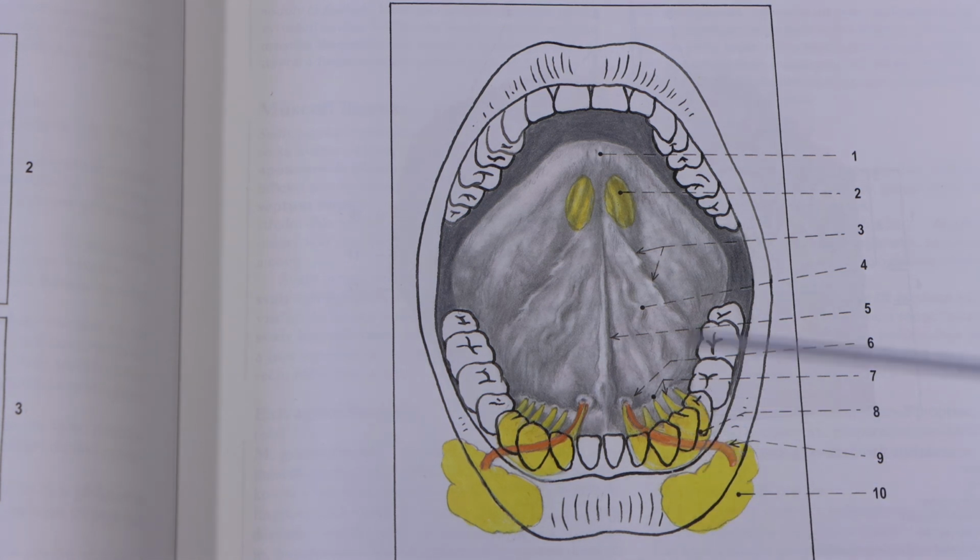The other has a mucinose secretion and is located at the root of the tongue, in the pharyngeal part, and it is called Weber's gland. It is a mucinose gland, helping with mixing and lubrication of the food, and in this case the swallowing will be better.